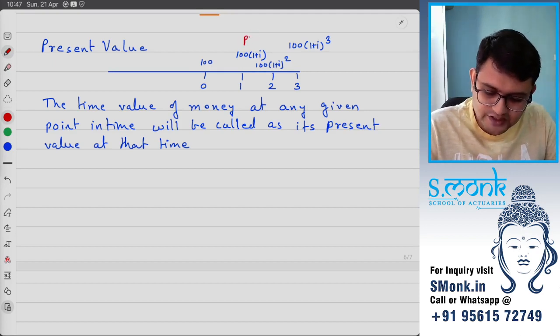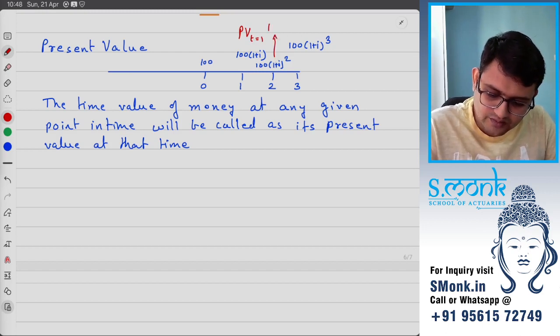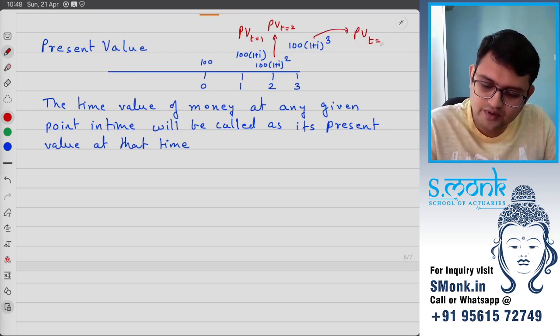I will call this present value at time 1. Okay, I'll write it properly. I'll say it is present value at time 1. This is present value at time 2. And this is present value at time 3.